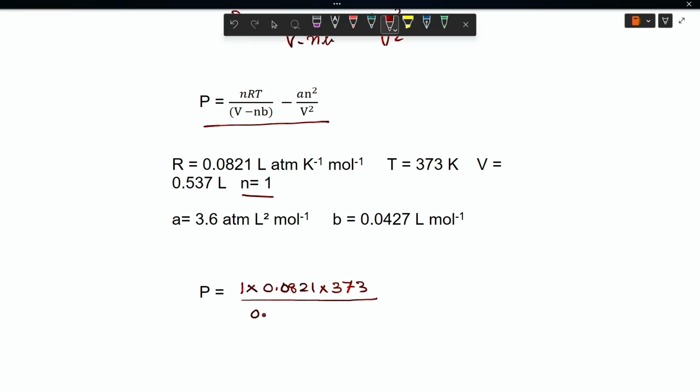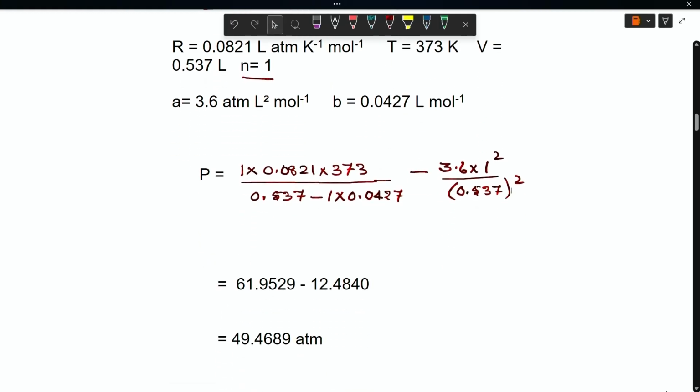V is 0.537 minus 1 into b. The value of b is 0.0427. This is the first term, minus what is A? 3.16 into n square, that is 1 square, divided by V square, that is 0.537 whole square.